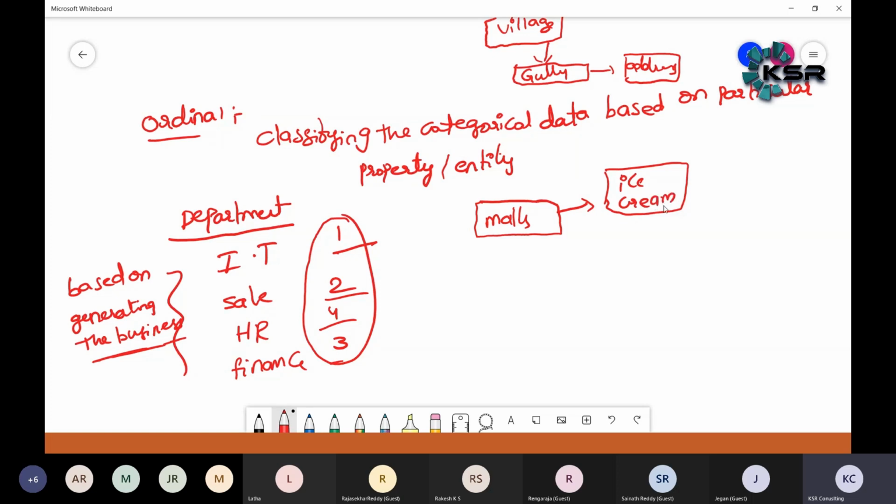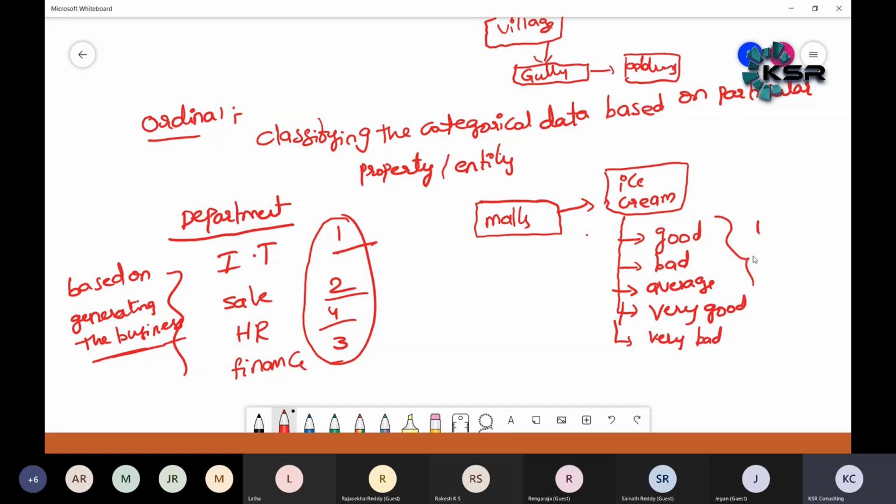They give you a cup of ice cream and ask you to give a rating: good, bad, average, very good, very bad. Like this, they give five ratings. So you assign the rank, levels based on maybe 1, 2, 3, 4, 5. This is survey data, where ranks are given.